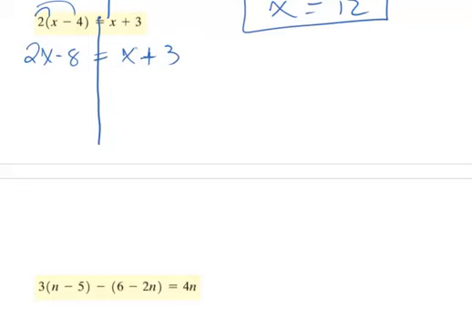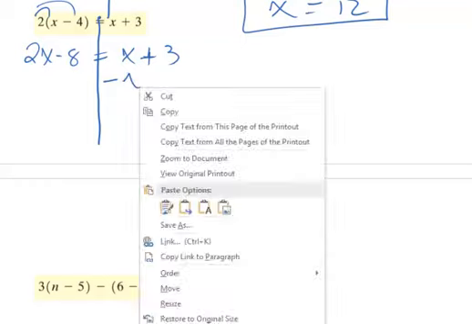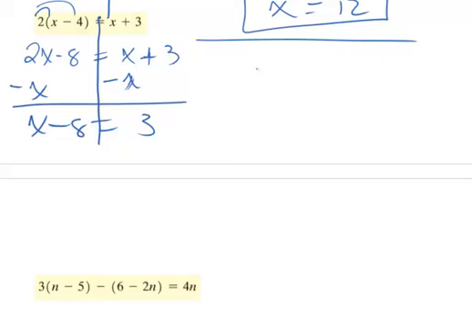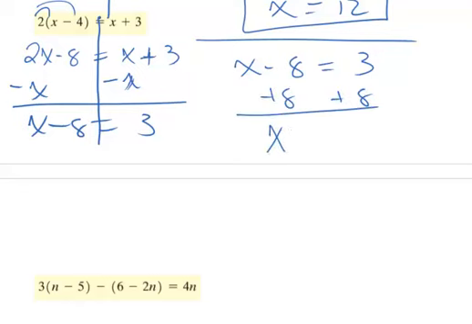Okay, so if I decide to move my smaller x again to my bigger x, so minus x and minus x, okay, that's going to give me x minus 8 equals 3. So if I write that up here, x minus 8 equals 3, and I add 8 to both sides, we now come up with x is equal to 11.